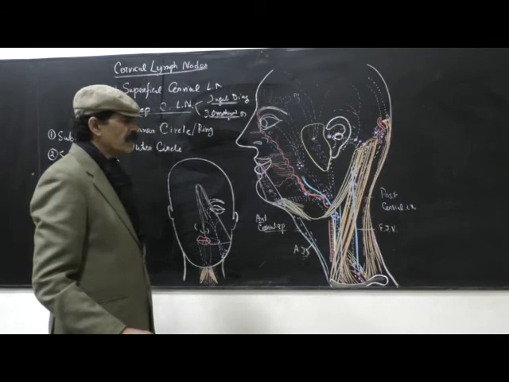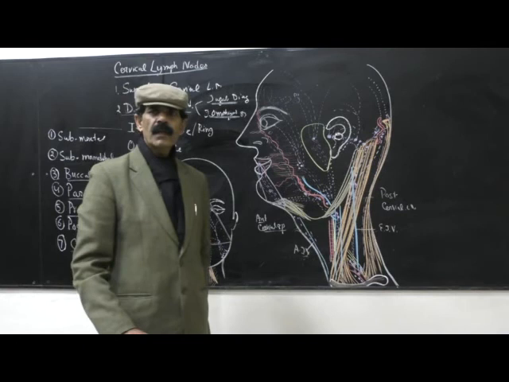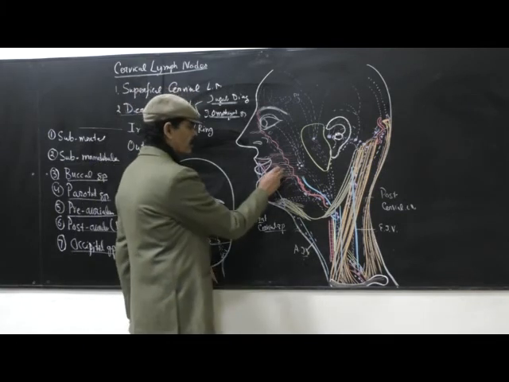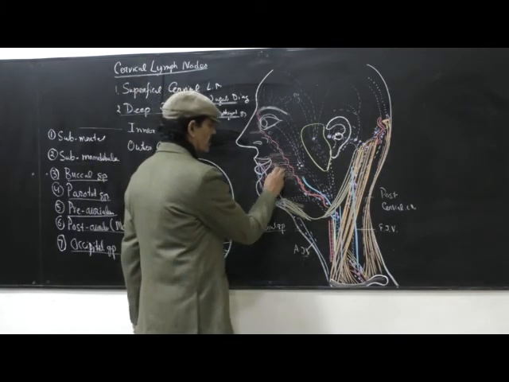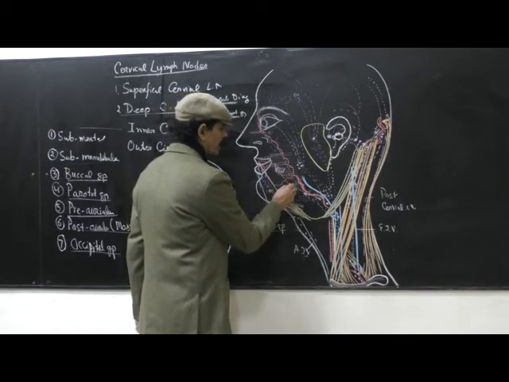Plus it also receives the afferents from the posterior 1/3 of the tongue, which is supplied by the glossopharyngeal nerve.